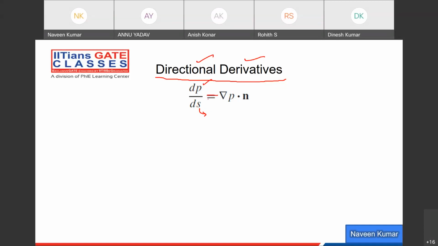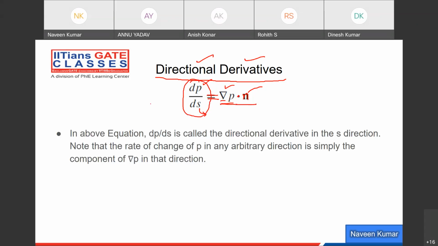You can find this derivative by using the del operator, del p dot n, where n is the direction in which you want to find the derivative. So we'll get del p dot n, and in that particular direction we will find the directional derivative. In the above equation, dp by ds is called the directional derivative.